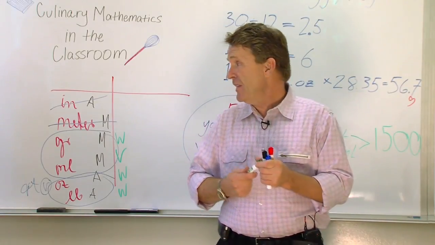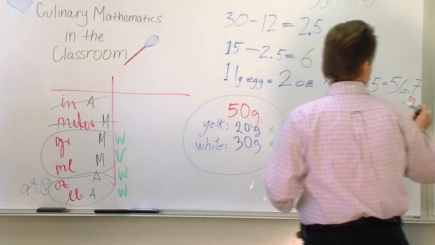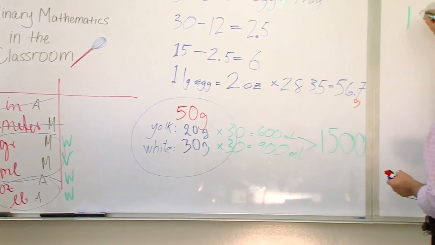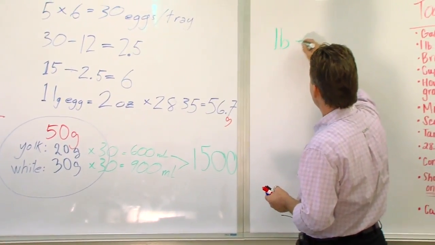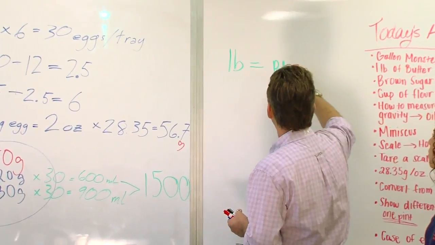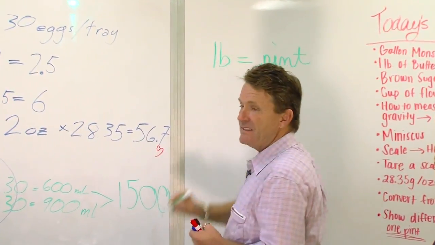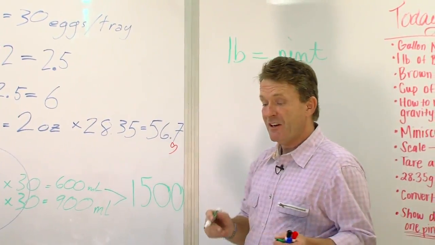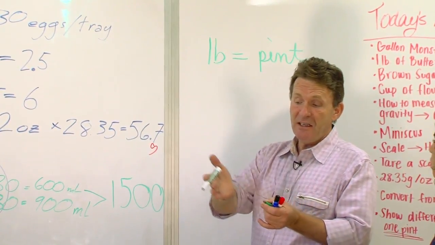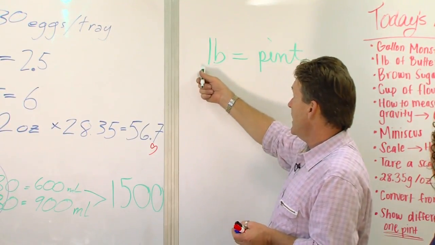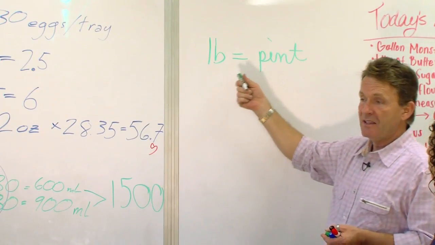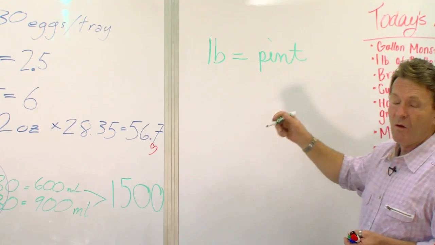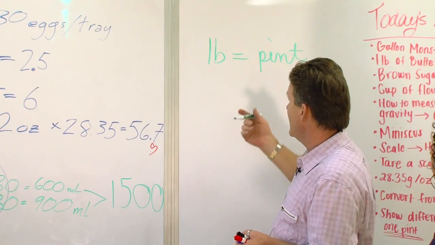Then we realize that a pound equals a pint. Or, how I say it, a pint is a pound the world around. If the item has the same density as water, then a pound, which is a weight measurement, is the same as the volume measurement of the same ingredient.